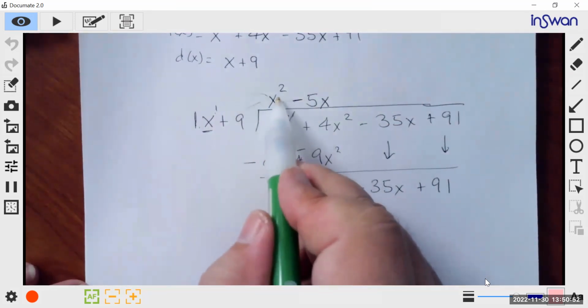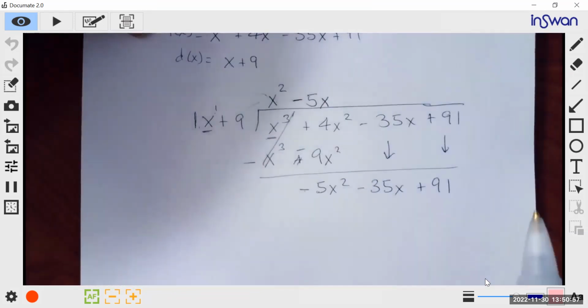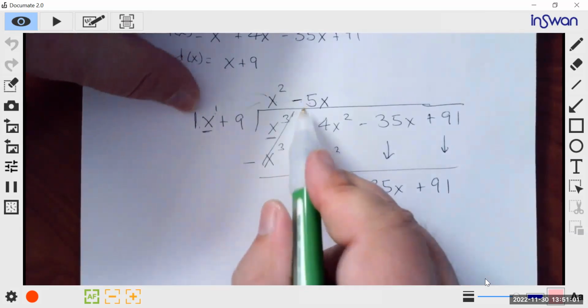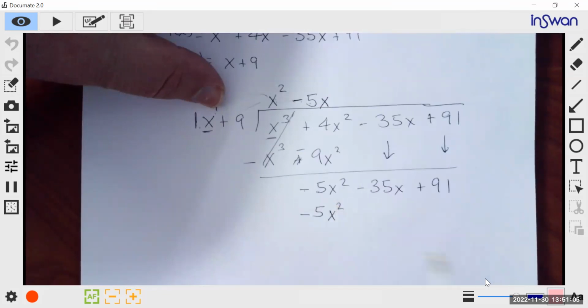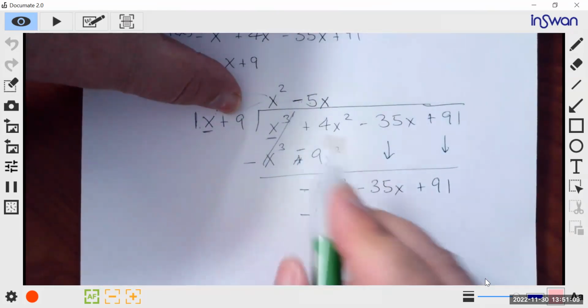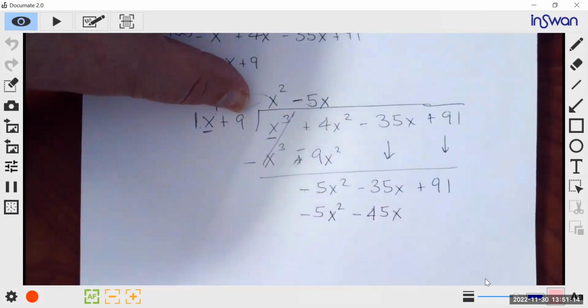Yeah, it has to be lower than this one. So now we multiply. Negative times positive is negative. 5 times 1 is 5. X times x is x squared. Negative times positive is negative. 5 times 9 is 45x.